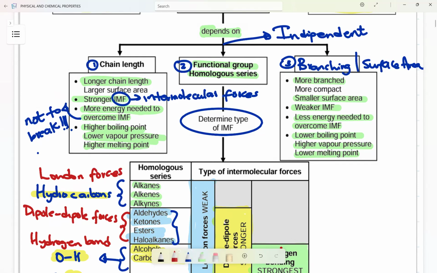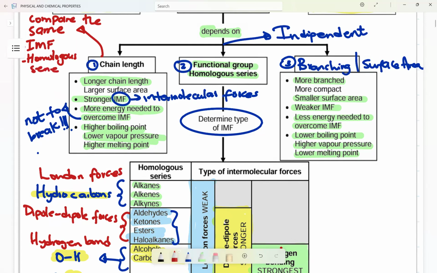If you compare between the London forces, you compare the same intermolecular force, the same homologous series, the same functional group.